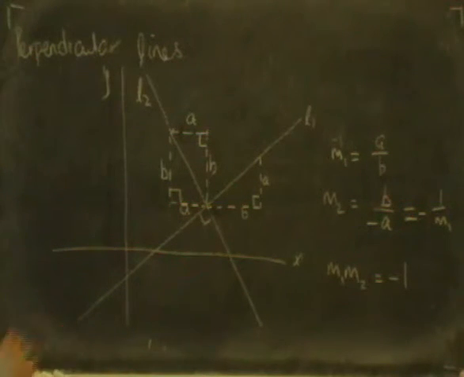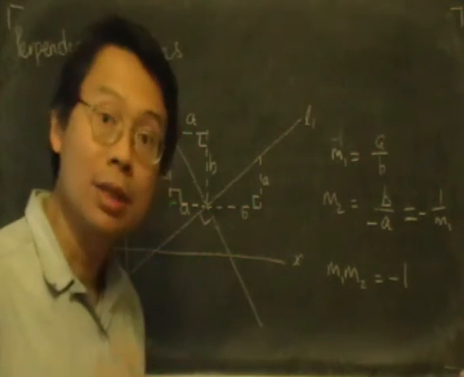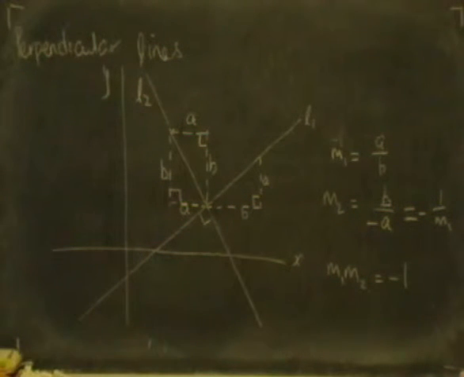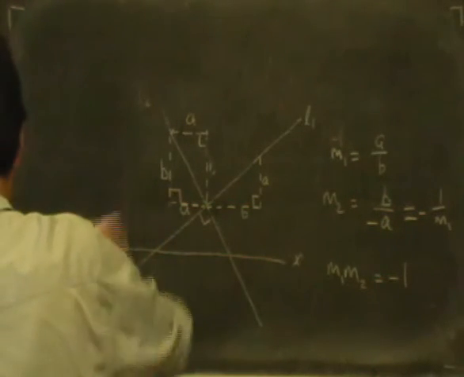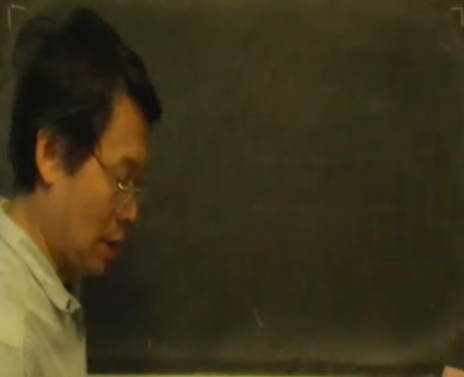So we have just derived a formula that relates the gradients of two perpendicular lines. So let's look at some examples now.